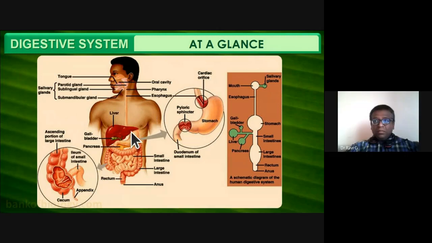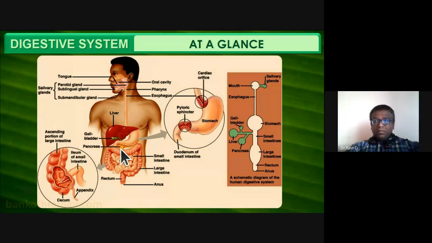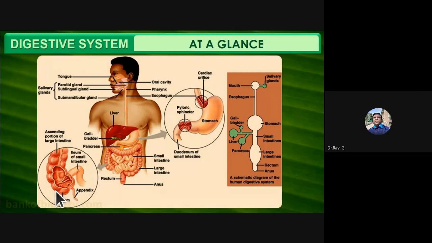Okay, so they lead into stomach, and here the liver secretes its bile juice, which is stored in gallbladder, and is conducted through this bile duct into the duodenum of the small intestine. So the pancreas are small leaf-like structures. They conduct their exocrine secretions through the pancreatic duct, and they open into the duodenum.